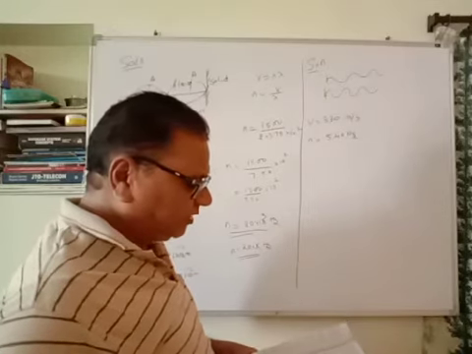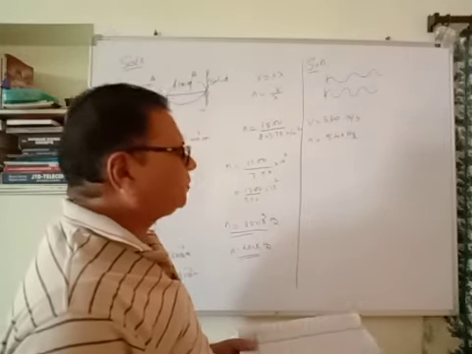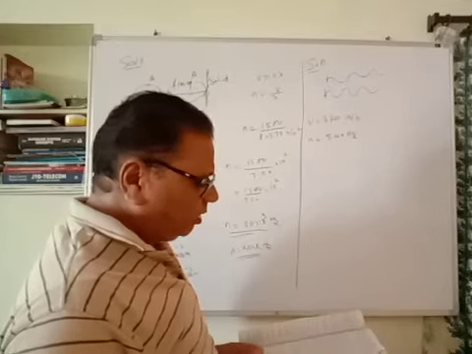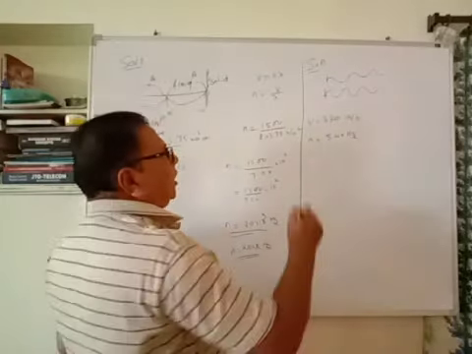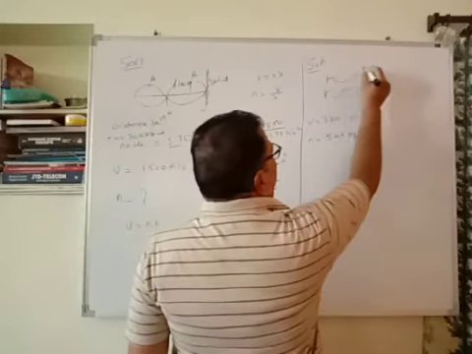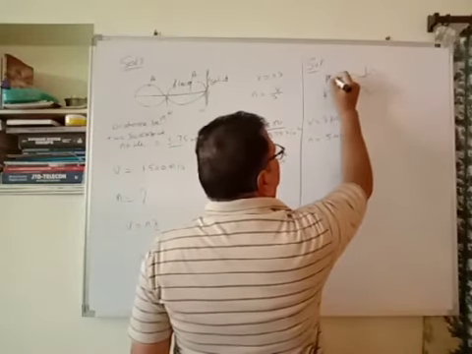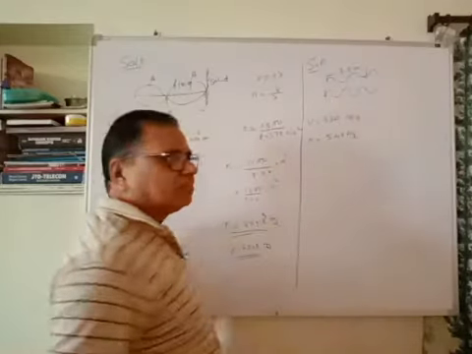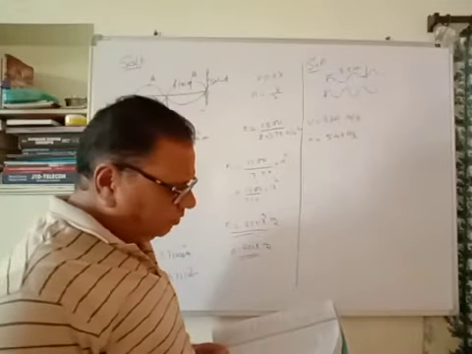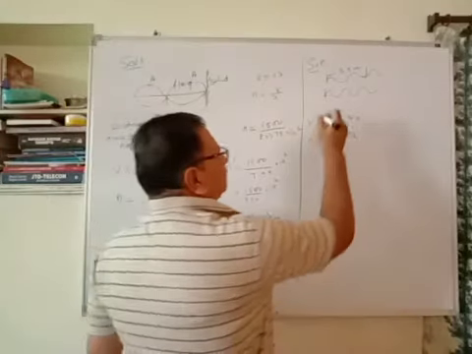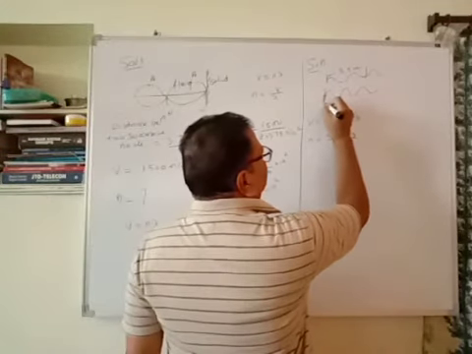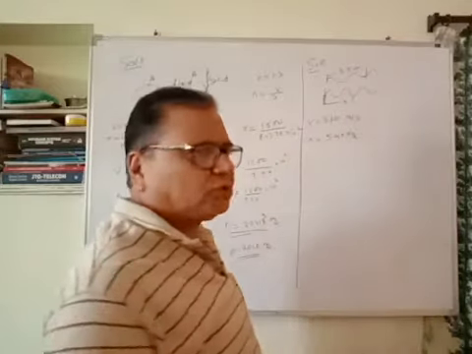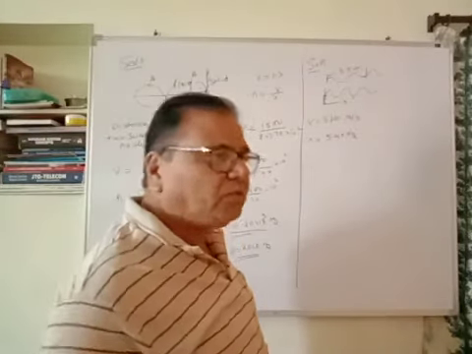What will be the phase difference between the two waves at a point 3.5 meter, and that means one wave covers a distance of 3.5 meter, and another wave covers a distance of 3 meter. What will be the phase difference between these two from the origin?